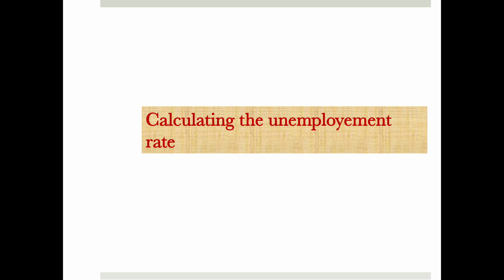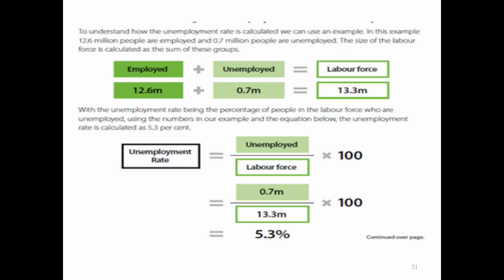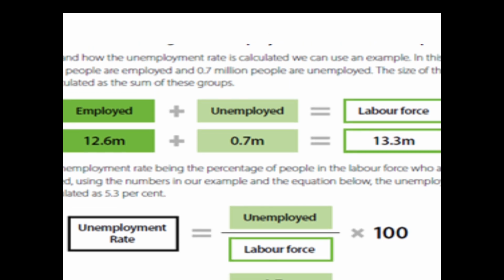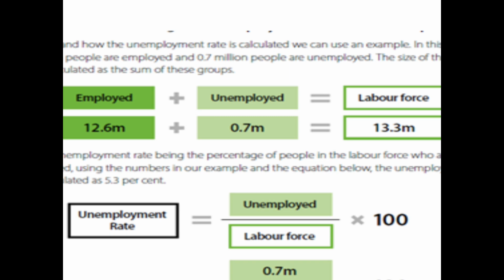So now, to understand how the unemployment rate is calculated, we can use an example. In this example, we have 12.6 million people employed and 0.7 million people unemployed.